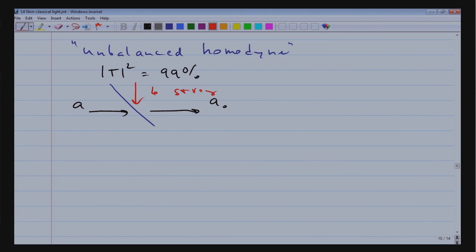So the mode A naught, the output mode, is now the transmission coefficient times A. The operators are sort of amplitudes, so if we have a 99% beam splitter, we have to take the square root of 0.99. This is the transmission coefficient. And now we have the reflection coefficient for the strong local oscillator, which we will again approximate by its eigenvalue, the coherent state eigenvalue.